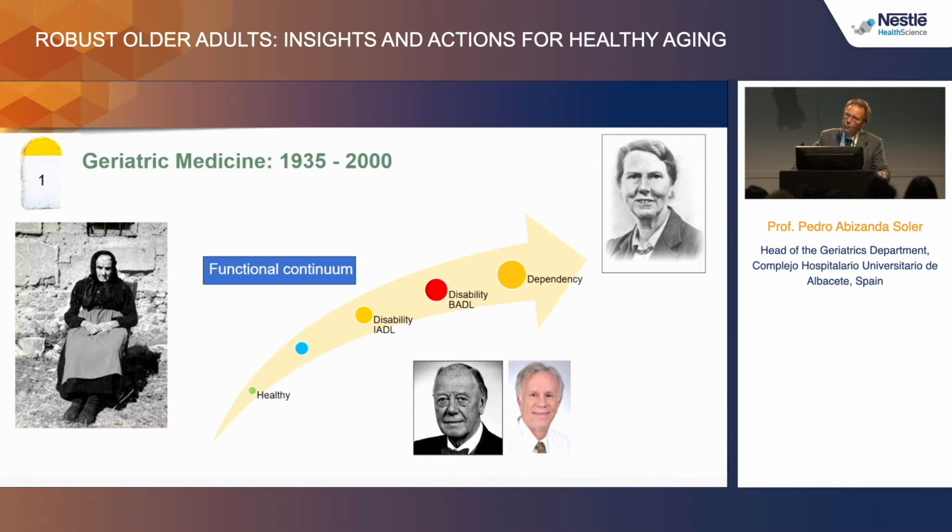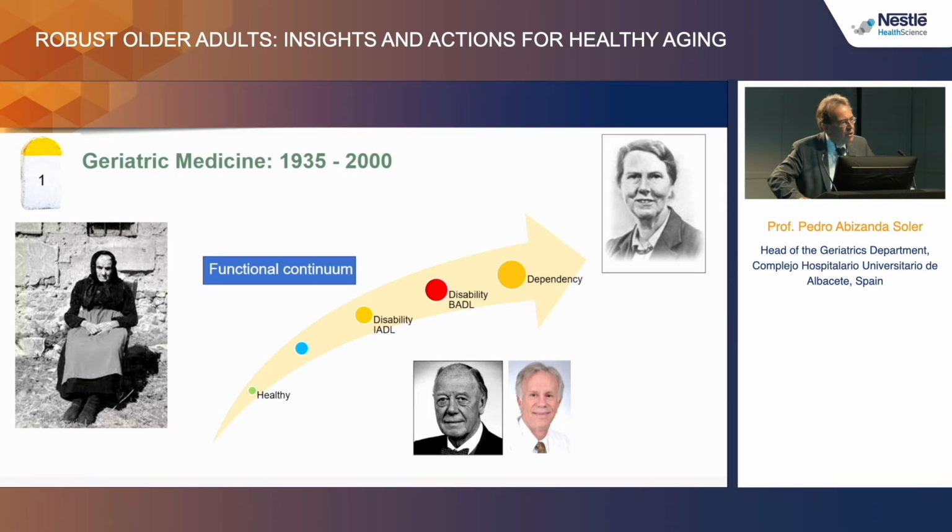From my point of view, geriatric medicine has 3 main milestones in its history. The first milestone, I think, came in 1935 and was led by Marjorie Warren, who published her first works on disability and dependency. She was the one that began talking about the functional continuum, which we are going to talk about today.